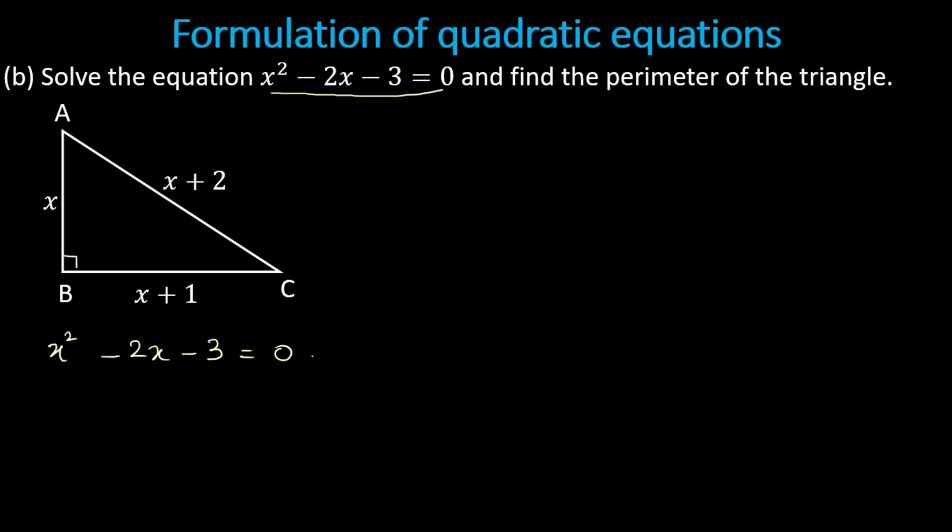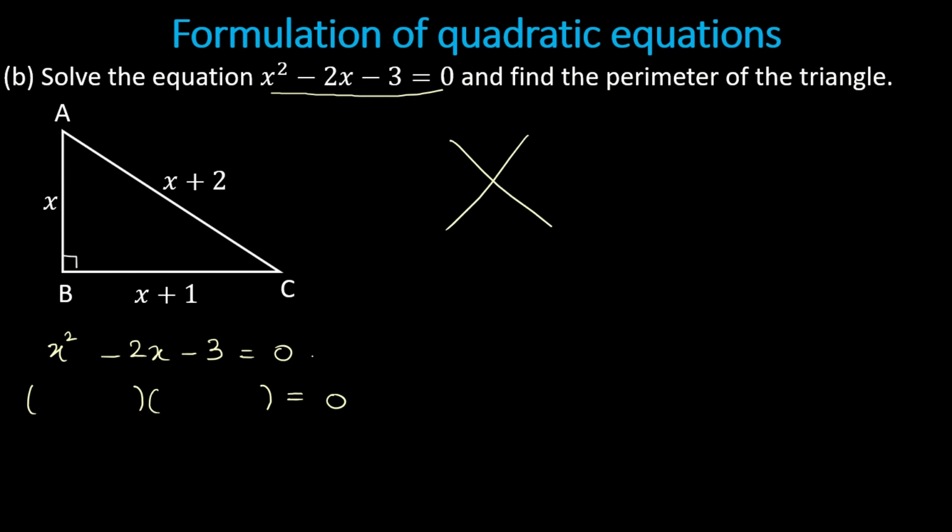The left part of the quadratic equation has how many terms? 3 terms. So when we factorize, we are going to obtain 2 pairs of brackets, and we are going to use again the magic x method. So I write it down here.